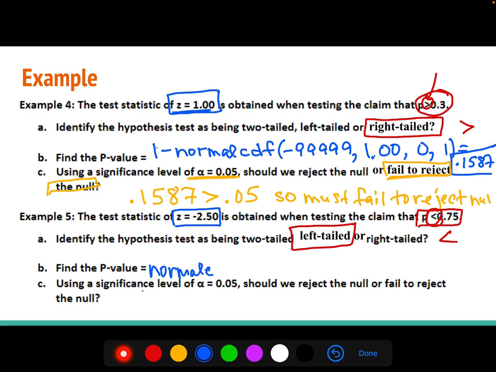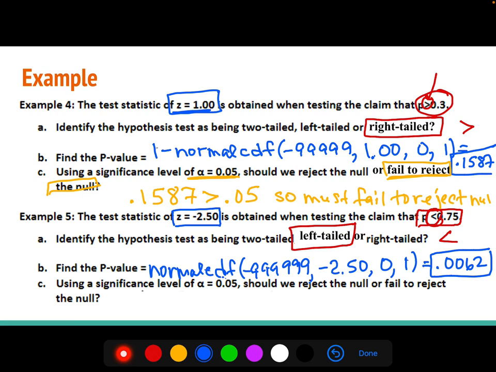So we're going to use the normal cumulative distribution. And again, we put in a small number. And then we put in our z testing statistics, so negative 2.50, and our 0, 1 because of the mean and standard deviation. And we get that our p-value is 0.0062.